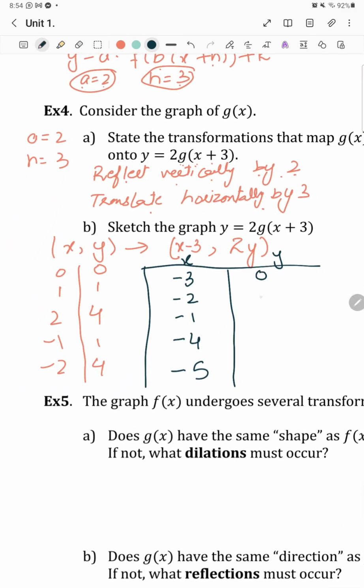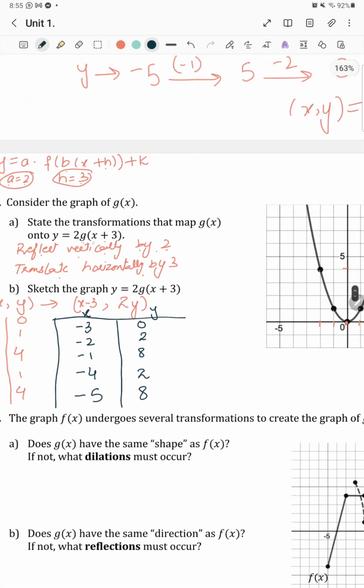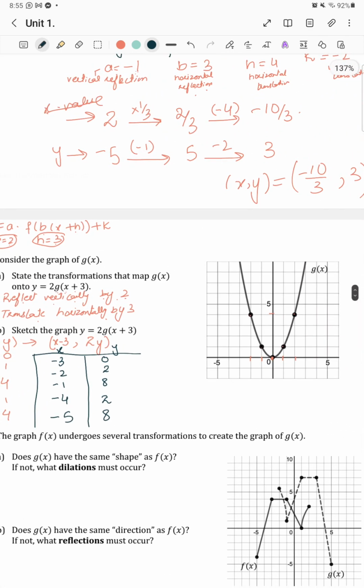For y values, 2 times 0 is 0, 2 1s are 2, 2 4s are 8, 2 1s are 2. These will be the x and y values: -5, 8. Okay, so these will be the values of the new graph, and let's plot according to these values. X would be -3 and y would be 0.